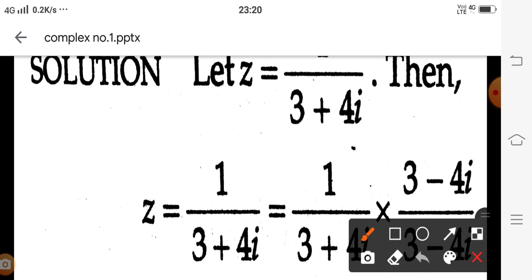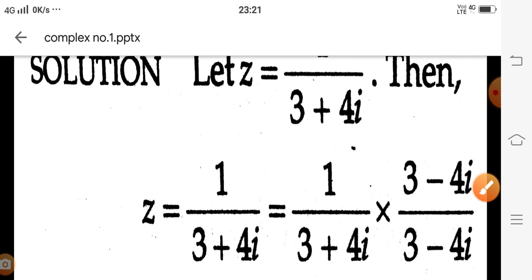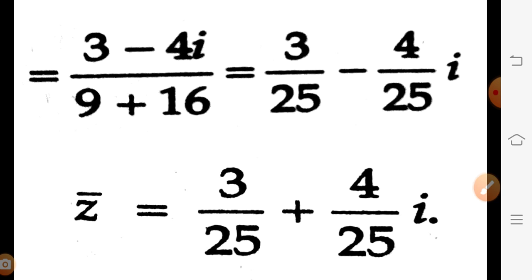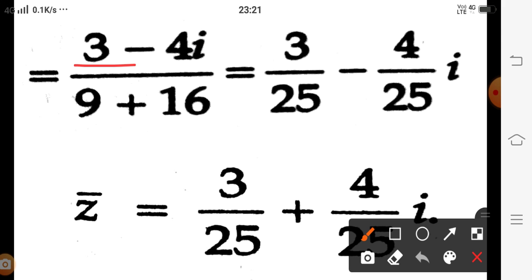We are multiplying and dividing by the conjugate of this value, 3 plus 4i. Then in the numerator we are getting 3 minus 4i, and in the denominator we are getting the identity (a plus b) into (a minus b). Solving further, we are getting 3 minus 4i upon 9 plus 16, and the sum of these two we are getting as 25.